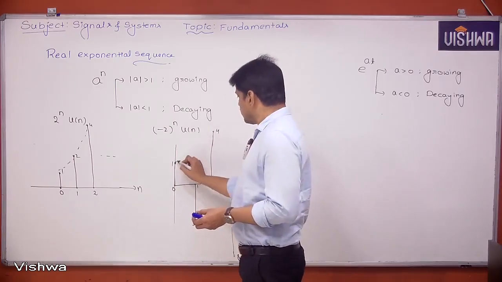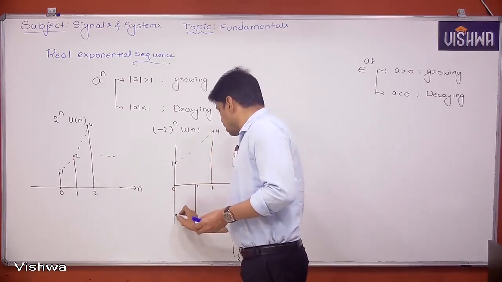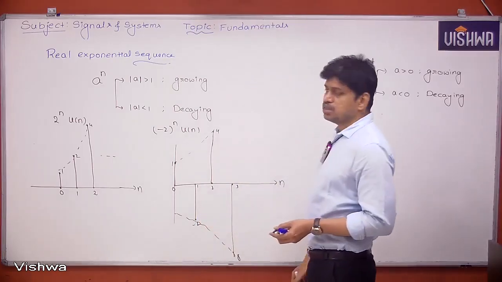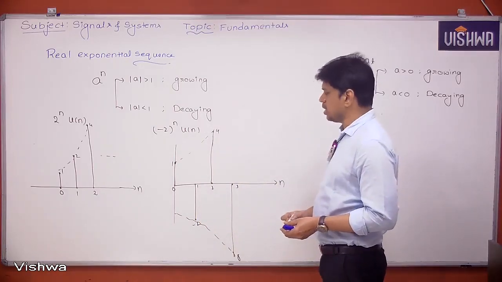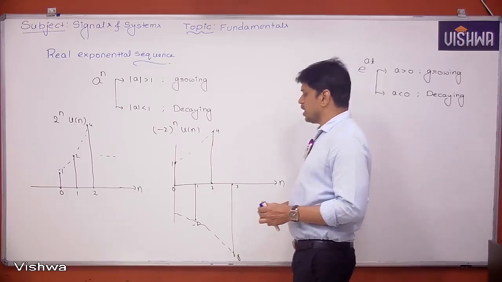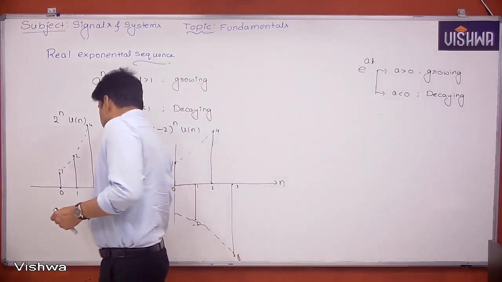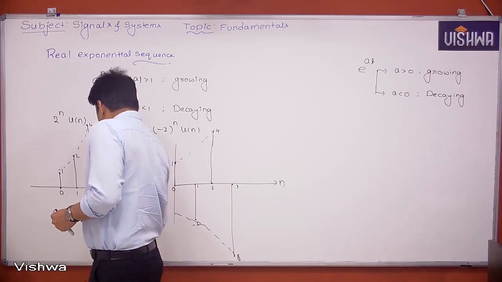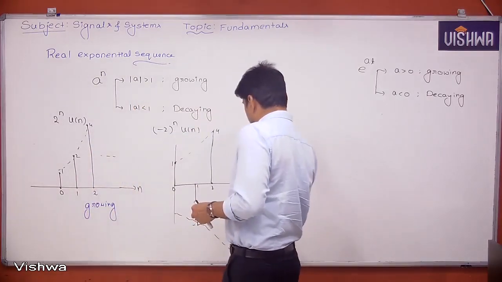So it is growing only, but with alternate positive and negative signs. Still we can call this a growing exponential.